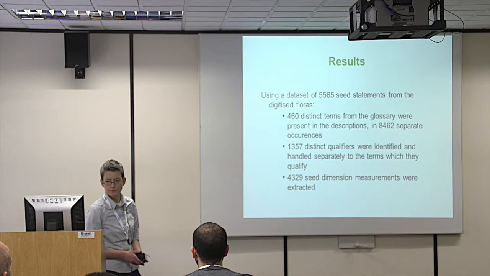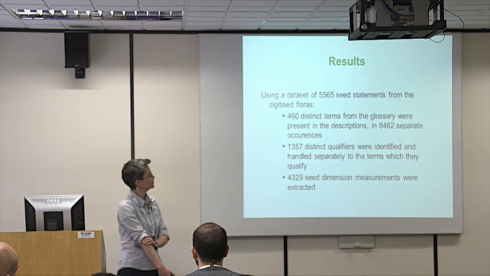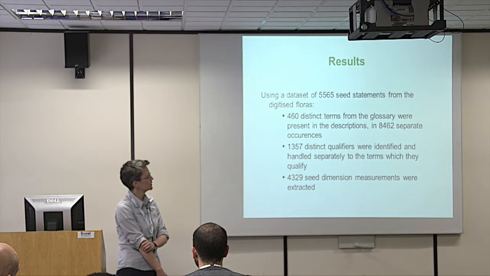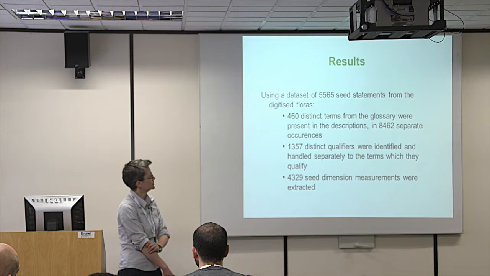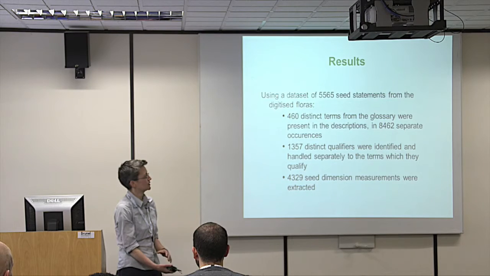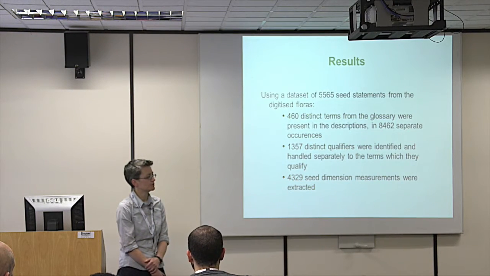And these are some really preliminary results, but about 5,500 seed statements were put through this process. And we found terms from the glossary. Many occurrences of them, but almost 500 distinct terms, so that we can start to add some more data to the glossary to say that these ones are applicable to seed morphology.